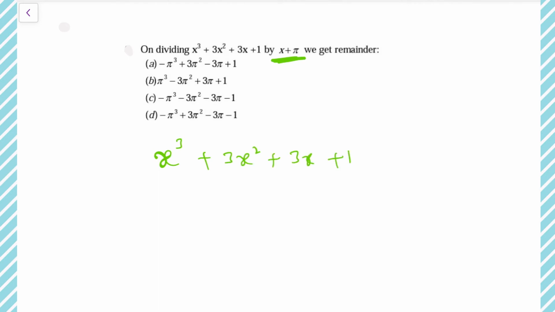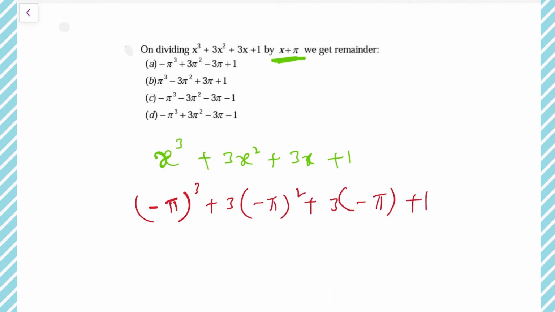Now in the place of x, substituting minus pi: (minus pi) whole cube plus 3 into (minus pi) square plus 3 into minus pi plus 1. According to this, option A is the correct option.